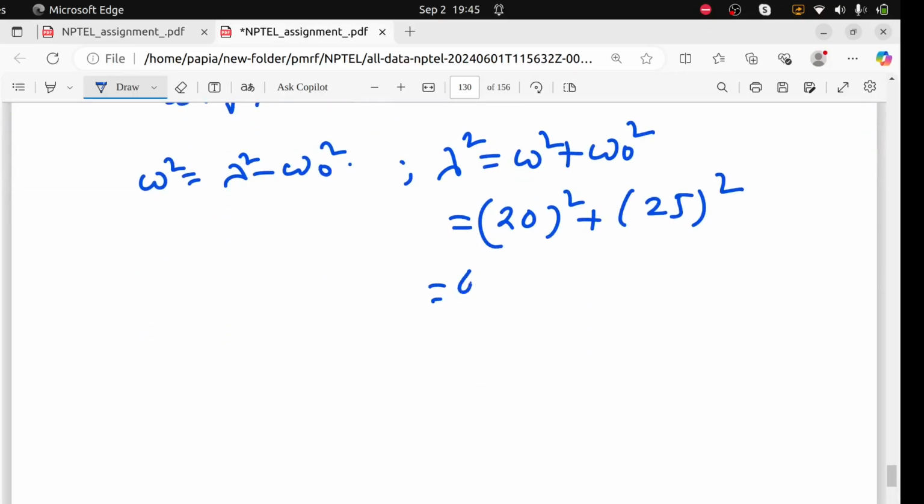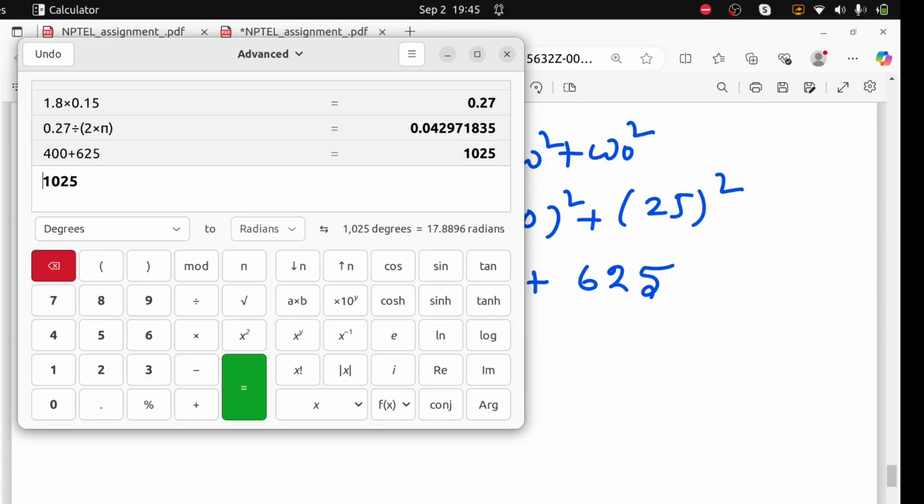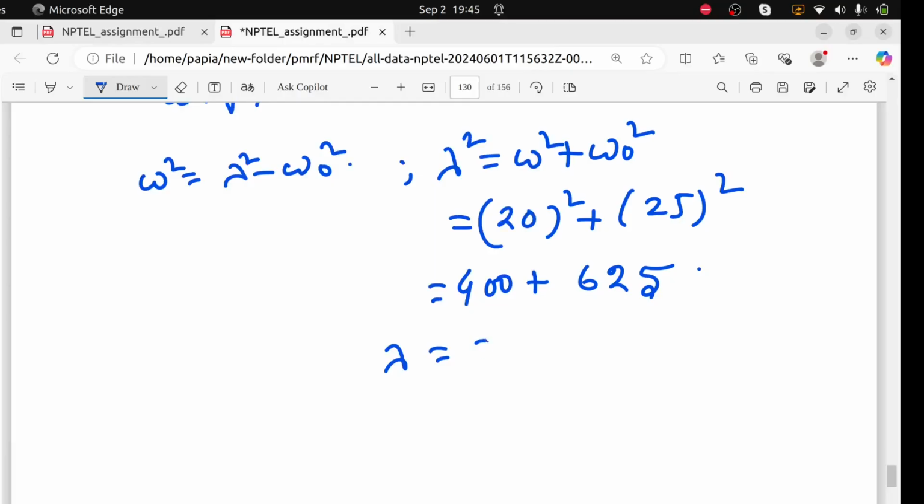Then you can see it is 400 plus 625. So lambda is root over 400 plus 625, which is 32.01 Hz.